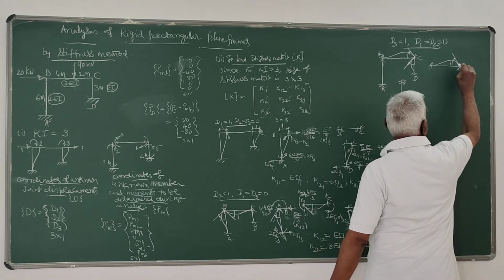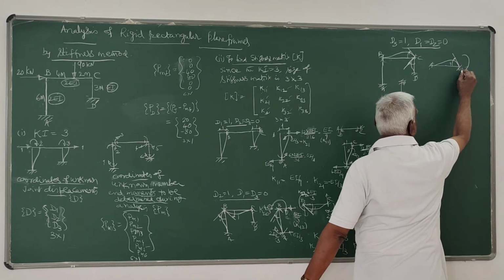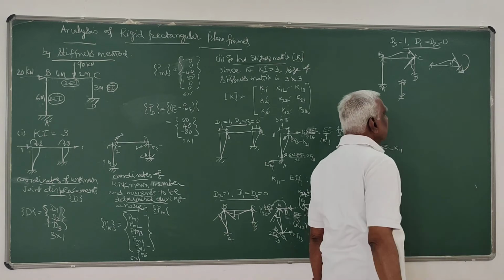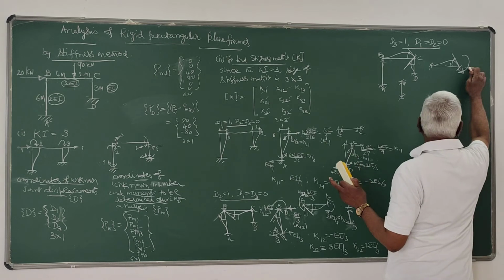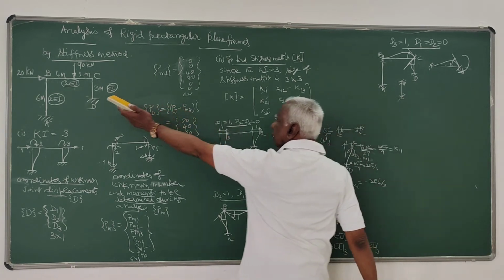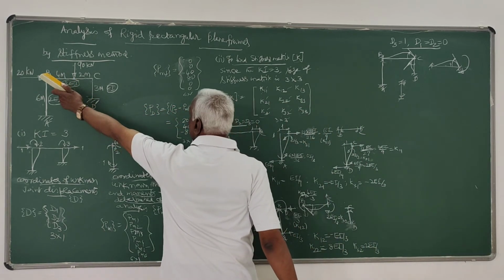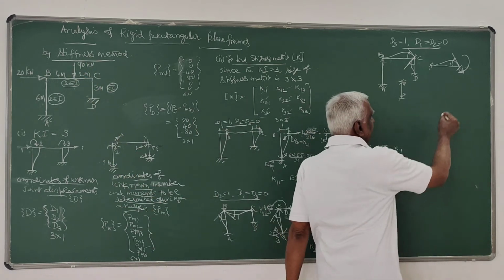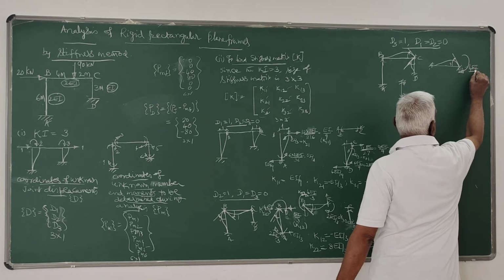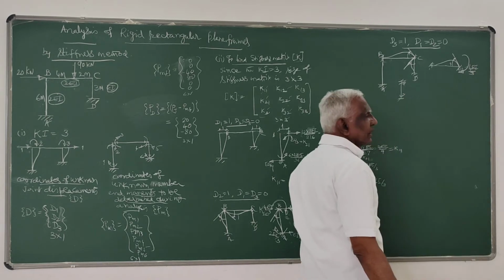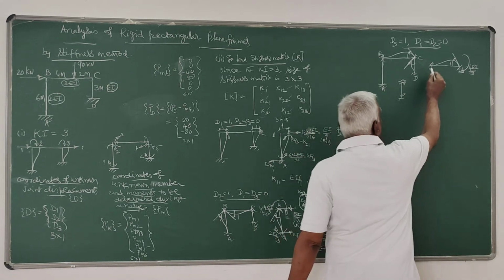So when unit displacement is given like that, there must be a force in that same direction, which is 4EI by L. That is 4 into EI, which is 2EI, L is 6, so 8EI by 6, that is 4EI by 3.